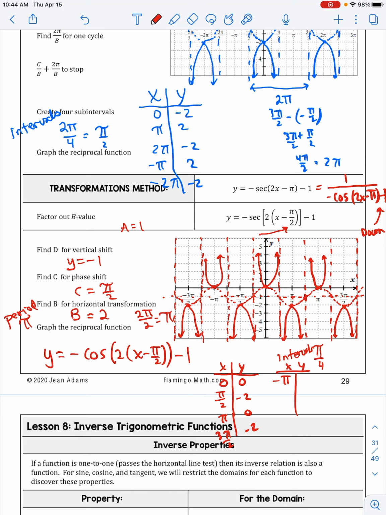Negative pi, 0. Oops, I forgot negative pi over 2, negative 2. So there's plenty of points there. Hopefully that makes sense. These are the ones that are a little bit harder to sketch.